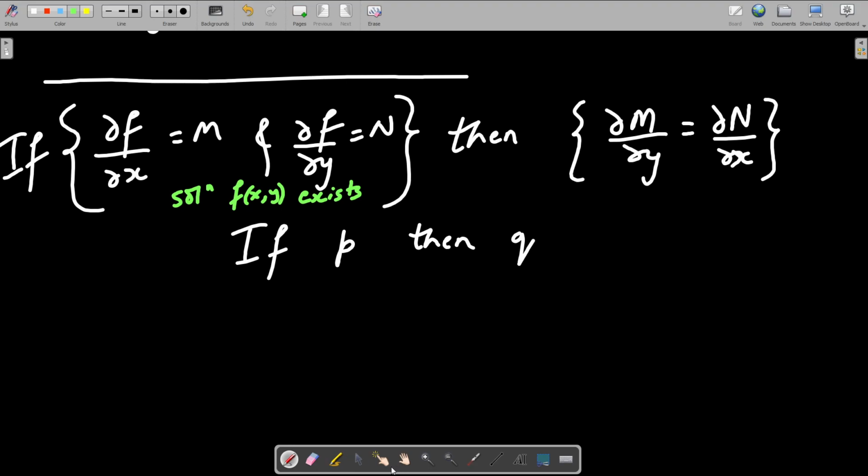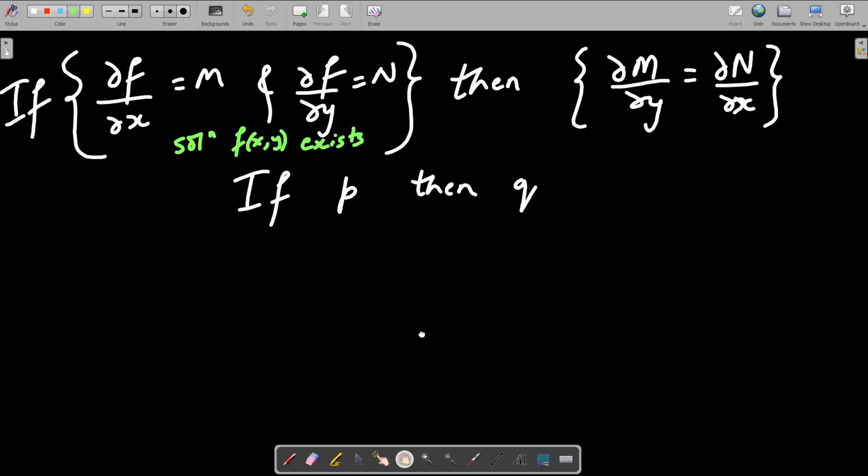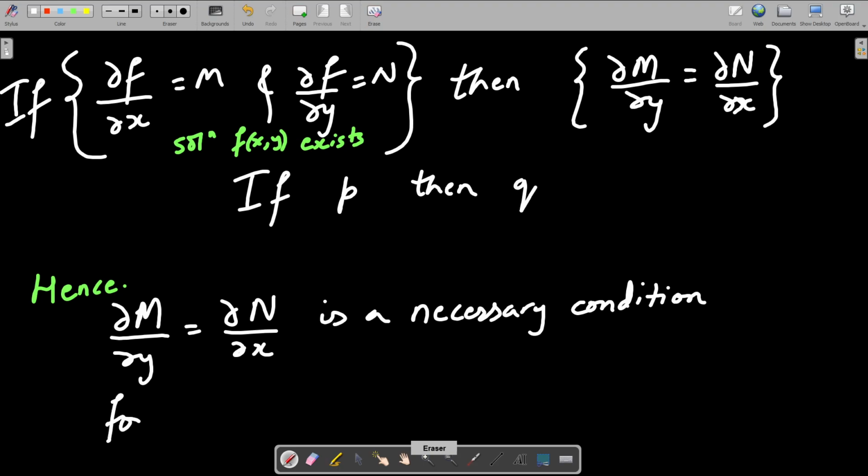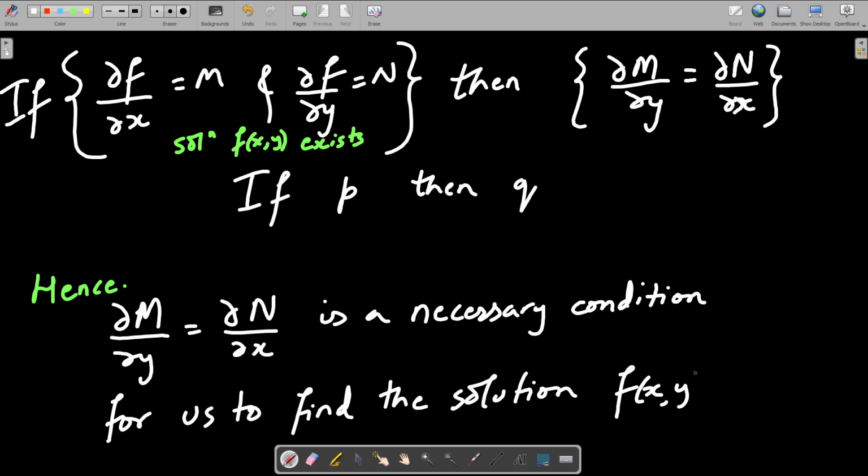So the conclusion is, we need dou m by dou y equal to dou n by dou x as a necessary condition for us to find the solution f(x, y).